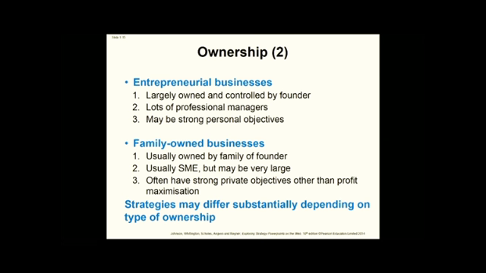Now he has lots of professional managers helping him, but he has very strong personal objectives. I mean, SpaceX is an example. He wants to send commercial paying tourists into space. It's a different objective from NASA. He uses different methods, and he's not too fussed over the costs of it at present.